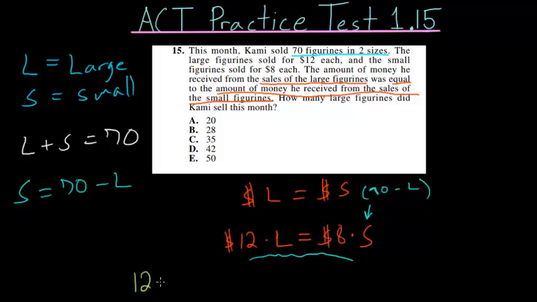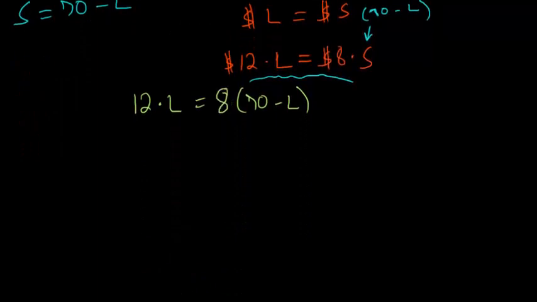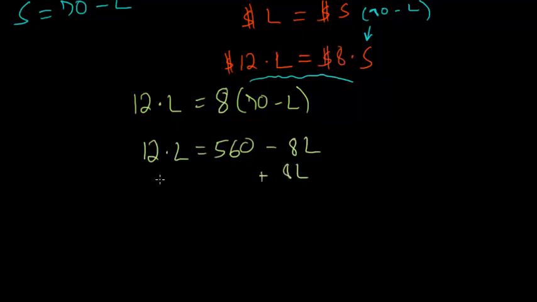So we have 12 times L is equal to 8 times 70 minus L. So now we have an equation with just one variable which we can solve for. And to actually solve this, let's first distribute this 8 to each of these terms in parentheses. So we have 12 times L is equal to 8 times 70, which is 560, minus 8 times L. And now let's add 8L to each side so that we get all of the L's on one side of the equation.